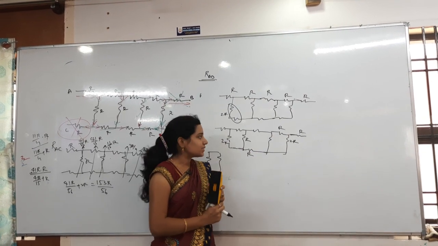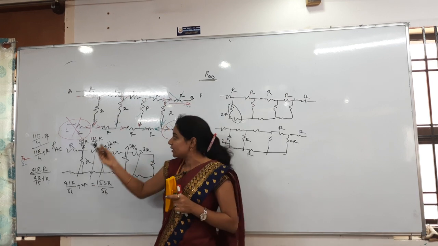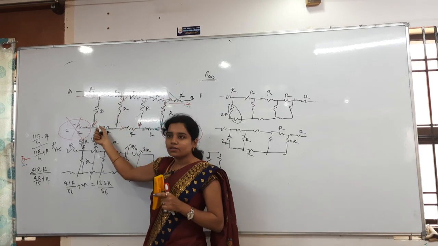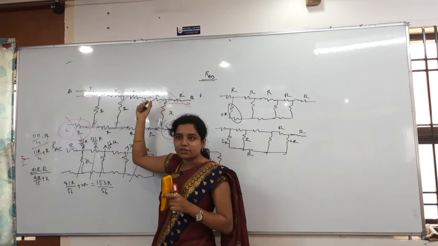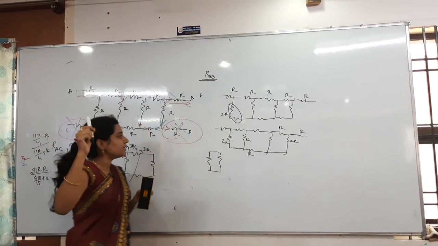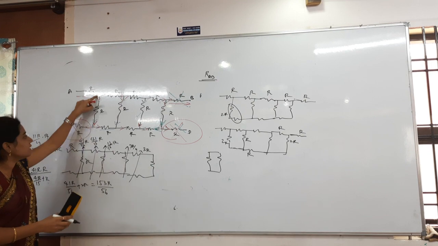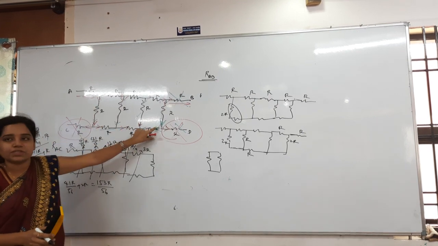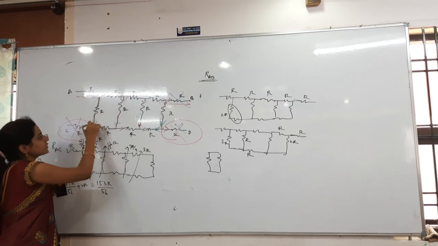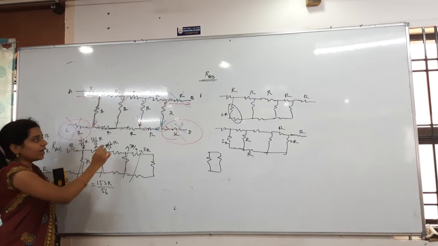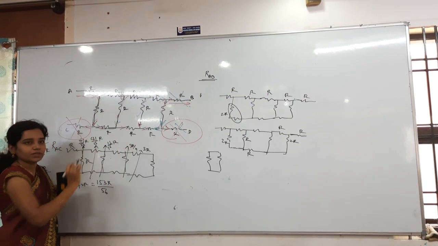So what happens? The current will not enter here first of all. The current will not go like this. Then what happens? It will go directly straight away. Why? Because the symmetry is there here. See that here and here the potential difference will be the same. Whenever the current is entering in this direction, it has to come here, and this current also has to come here.